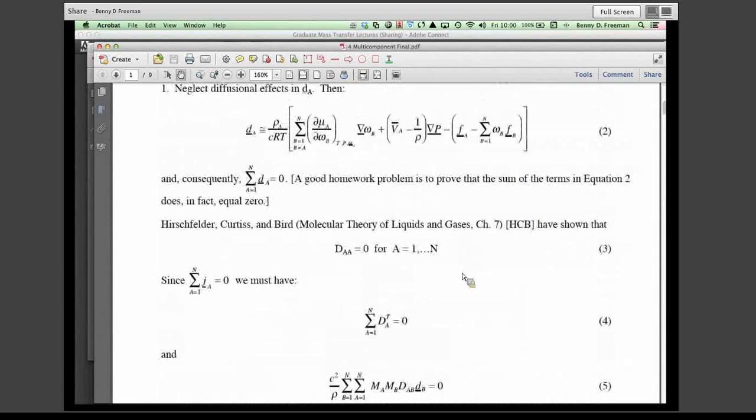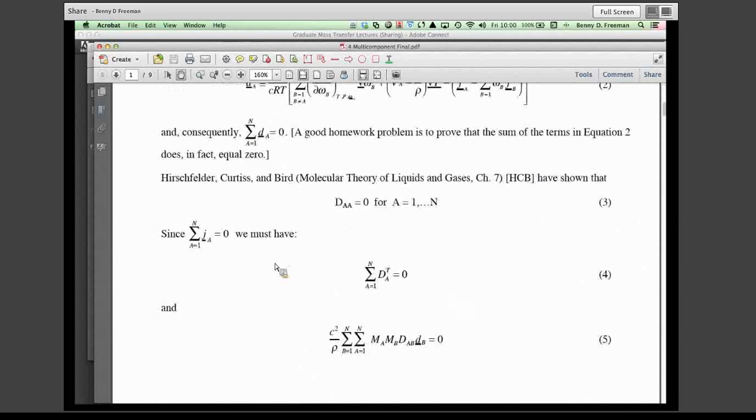Since the sum of these diffusive fluxes has to be equal to 0, two things have to happen. One is that these thermal diffusion coefficients have to sum to 0, because you can imagine a situation where you have a temperature gradient, but gradients in no other components.